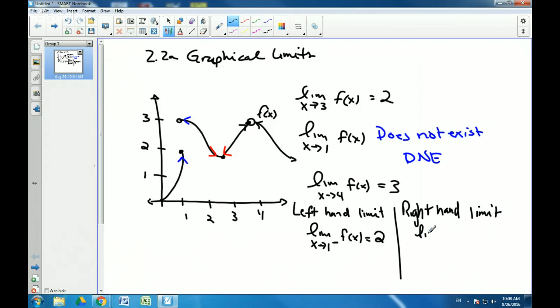So we write it like this. I think left-handed is where the negatives are on the axis, right? So that's what that means. Come from the negative side. This is the right-hand limit. Come from the positive side.